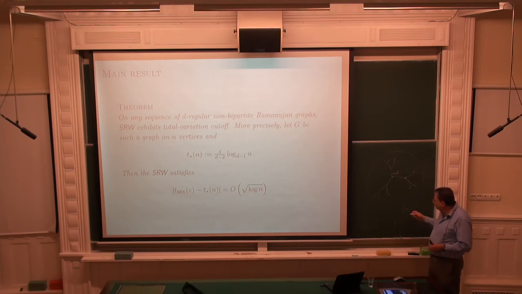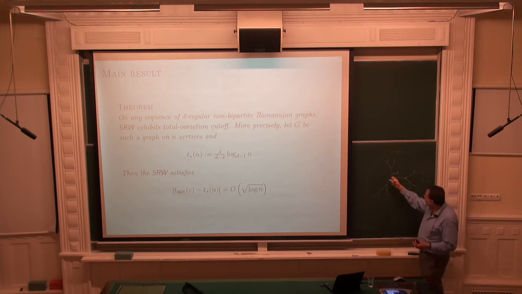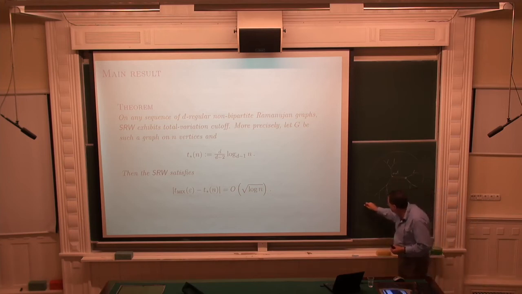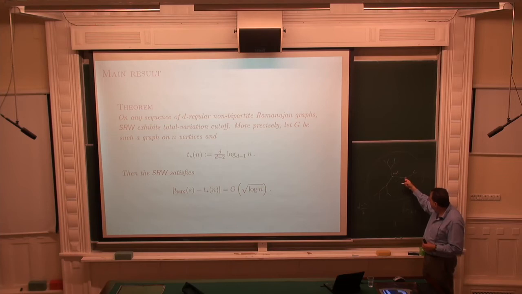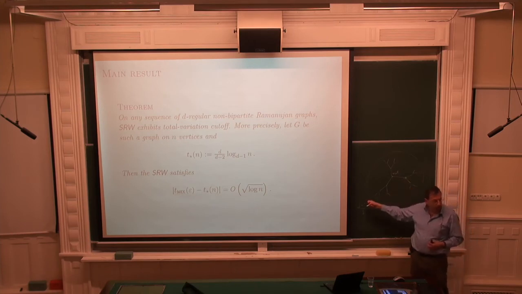But the speed is 1/3 in the 3 regular case, and in general the same argument says the speed is d minus 2 over d, because with probability 1 over d, the particle gets closer to the root. With probability d minus 1 over d, it gets further. When we subtract, we get d minus 2 over d.